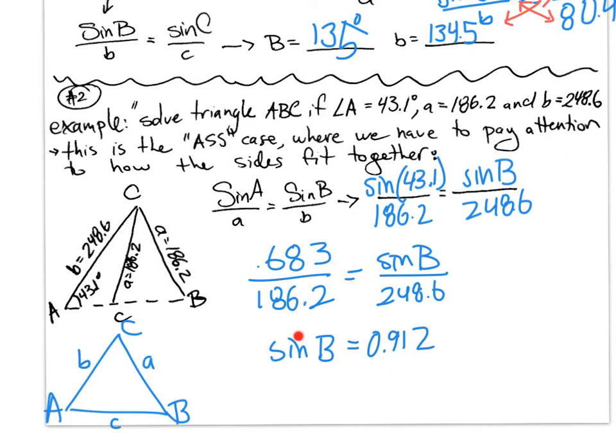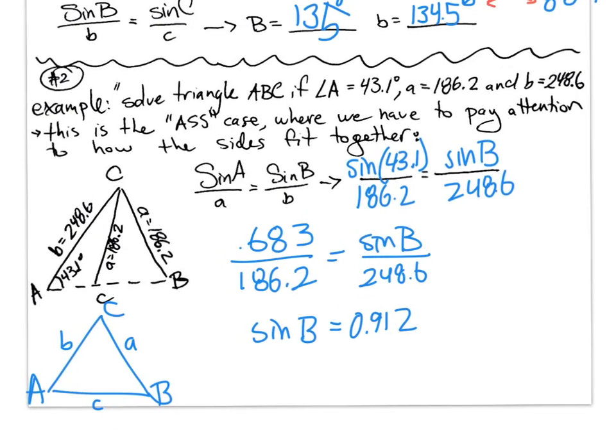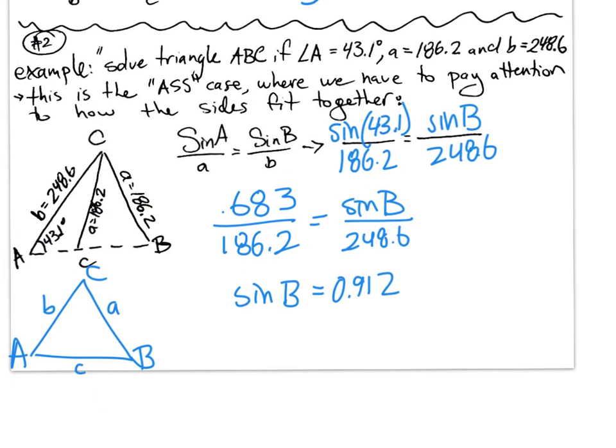So when we get here, before we use the calculator and get an answer, let's think about the unit circle, because pretty much all masters by this point. So here's our unit circle. What this means is we have the sine of some angle equals 0.912. We know that the sine of the angle is the y-coordinate. So on the y-axis, 0.912 would be about there. Remember, this is 1.